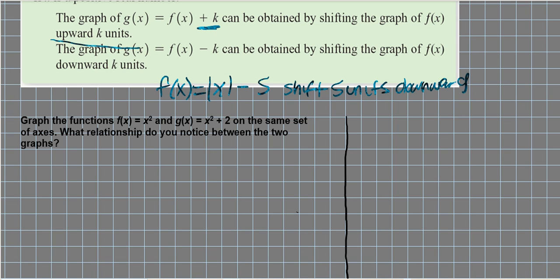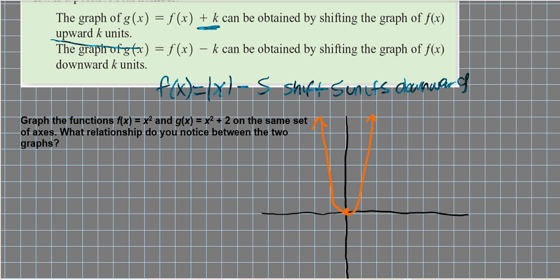Let's see. If we have our graph right here, the first one says graph the function x squared. So I'm just going to sketch x squared. What did I say the key point was? At 0, 0. I'm just going to do a rough sketch of that. Looks good?